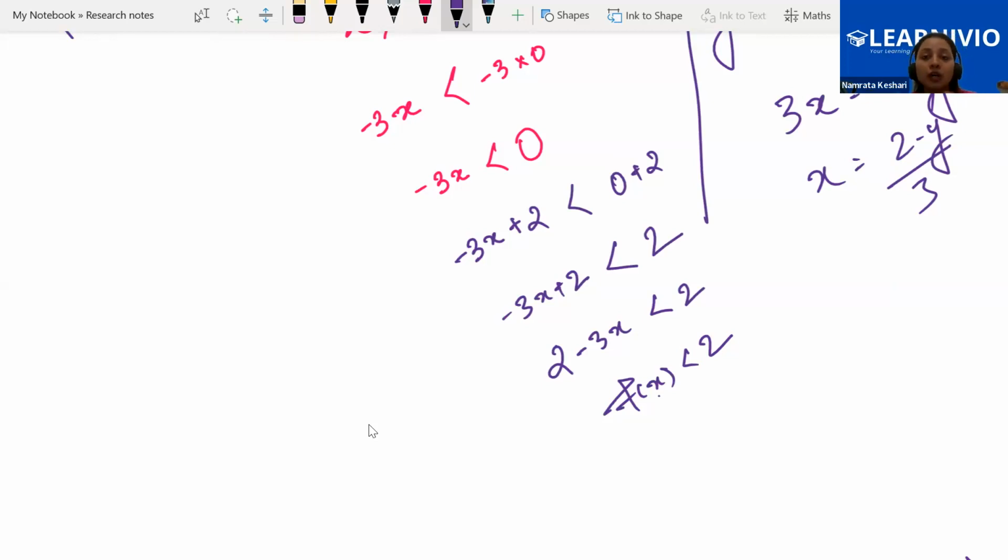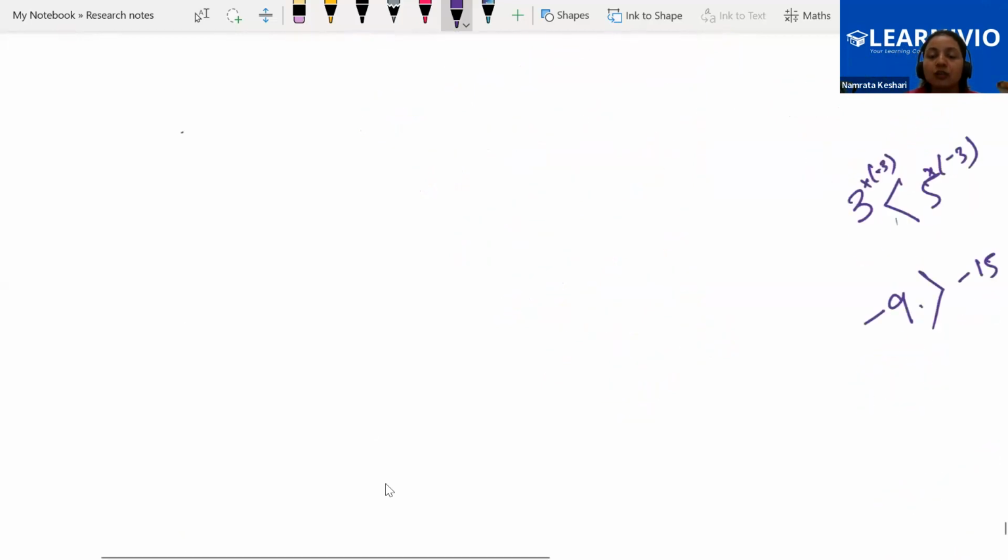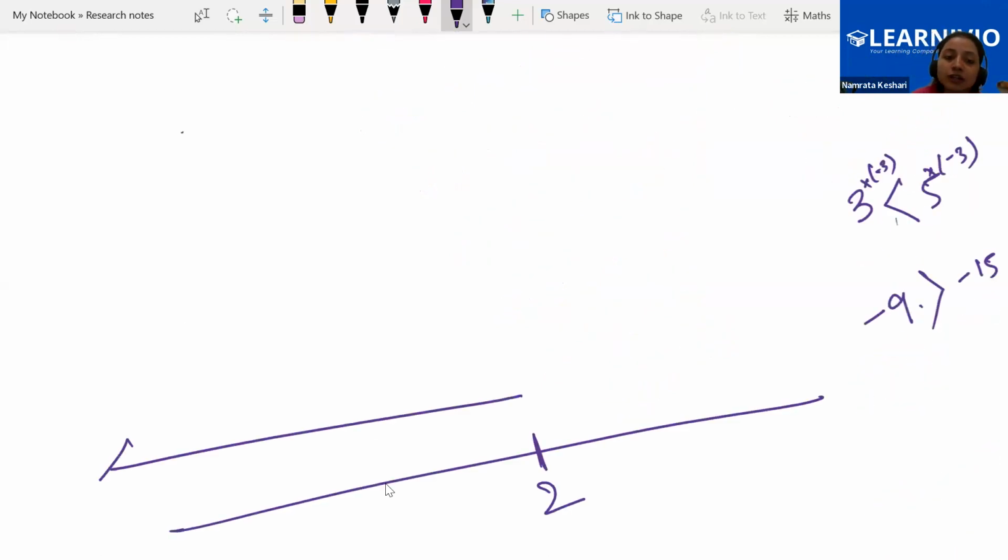We were trying to figure out y from minus infinity to plus infinity, which numbers to take and which to exclude. So here it is clear, it has to be smaller than 2. If we write it in interval form, y has to be smaller than 2, that means minus infinity to 2.